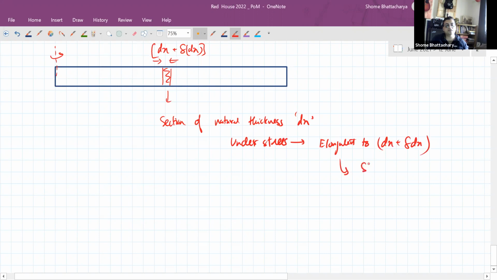So it has a longitudinal strain of delta dx by dx. But you know this dT is actually negative, because the tension has a negative gradient with respect to x.